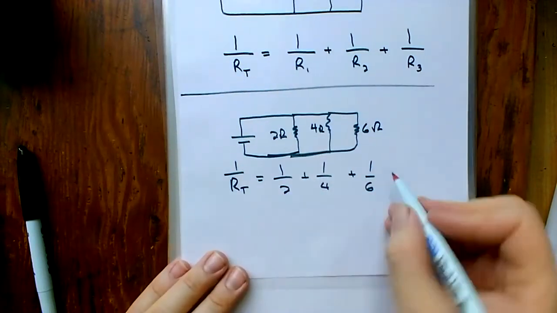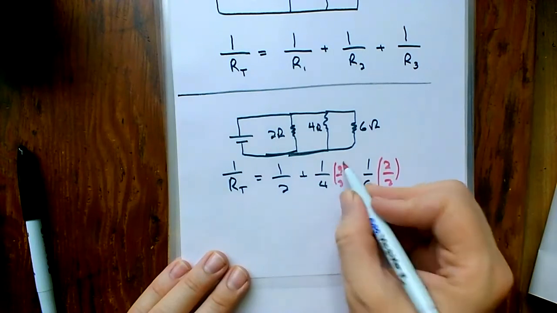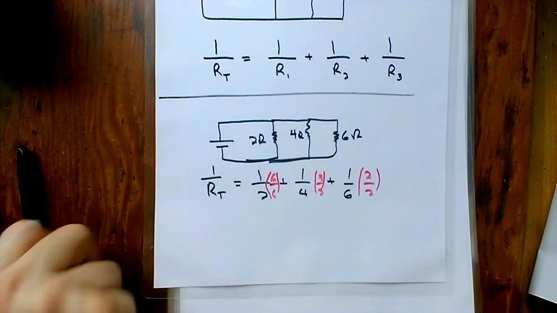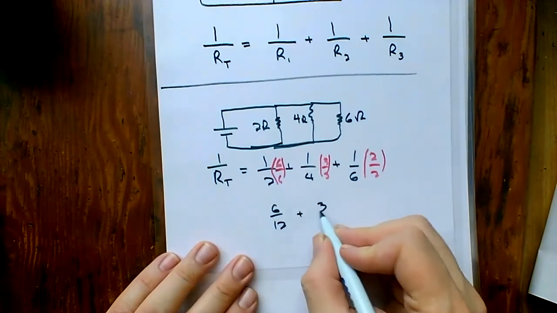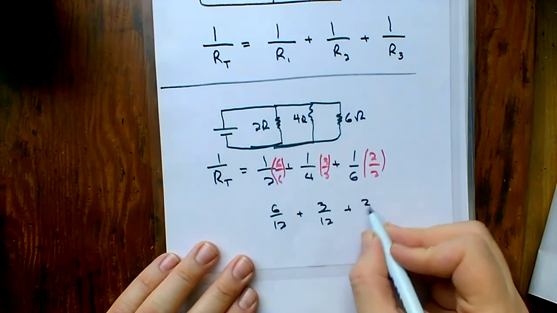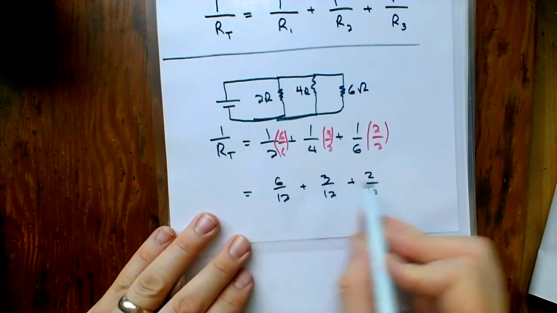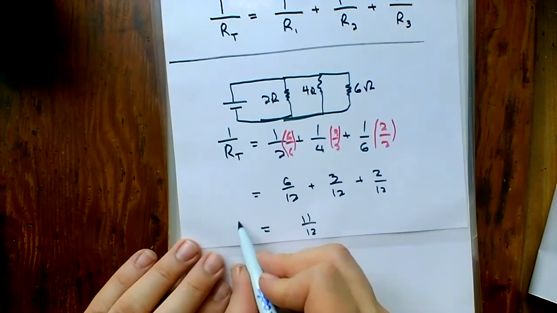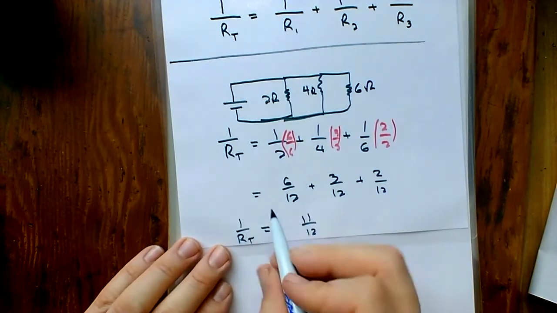I'll multiply that by 2 over 2. This one would be times 3 over 3. I'd multiply this one by 6 over 6. Here I'd end up with 6 twelfths plus 3 twelfths plus 2 twelfths. That's going to be 9, 10, 11. That'll be 11 twelfths is the reciprocal of my total resistance.